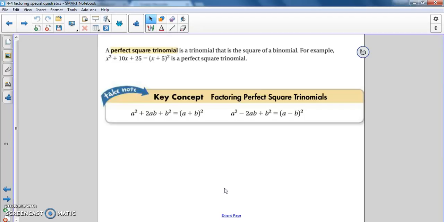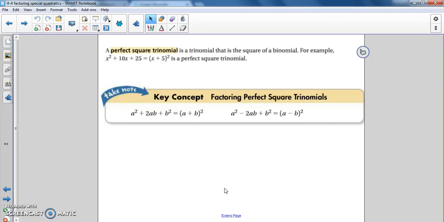Bx, which is our middle term, is twice the product of the terms of the binomial. So bx is 2 times x times 5, which is 10x.